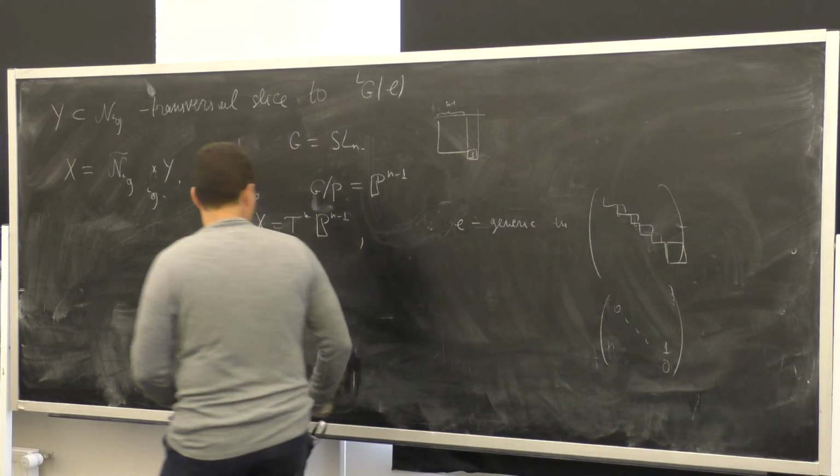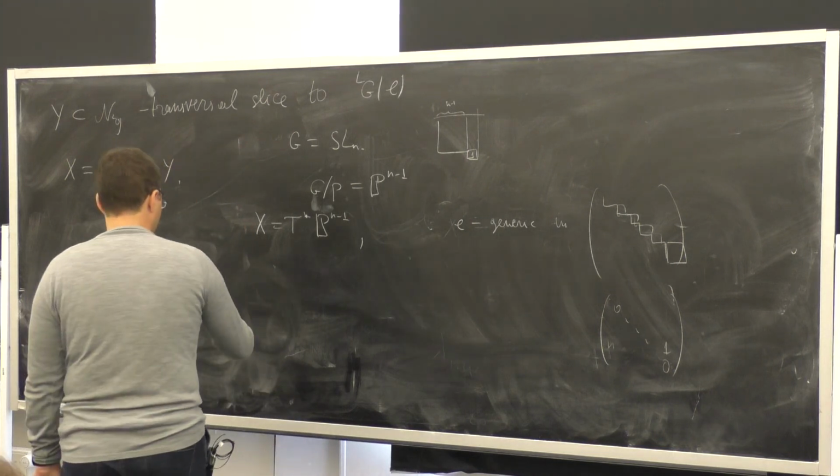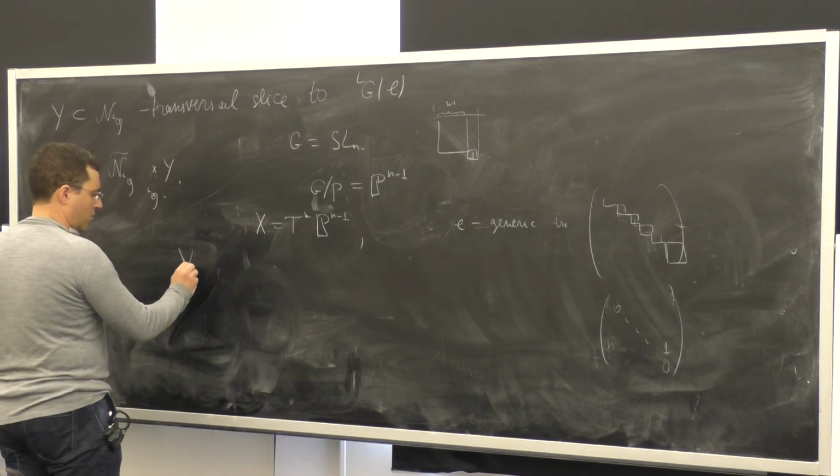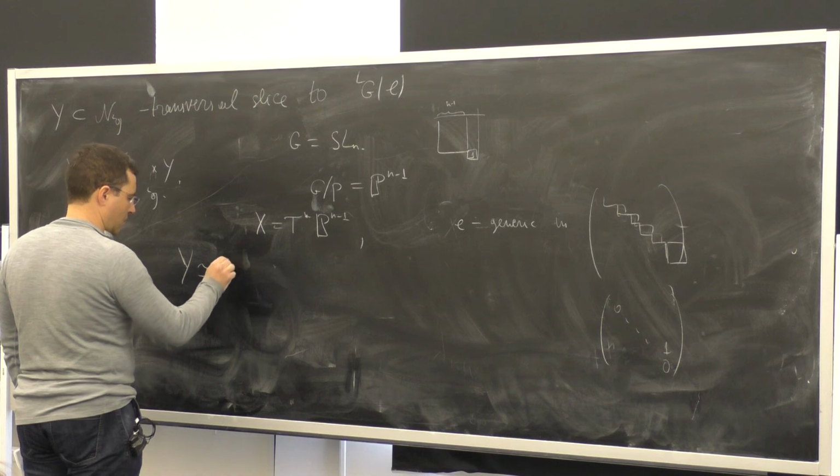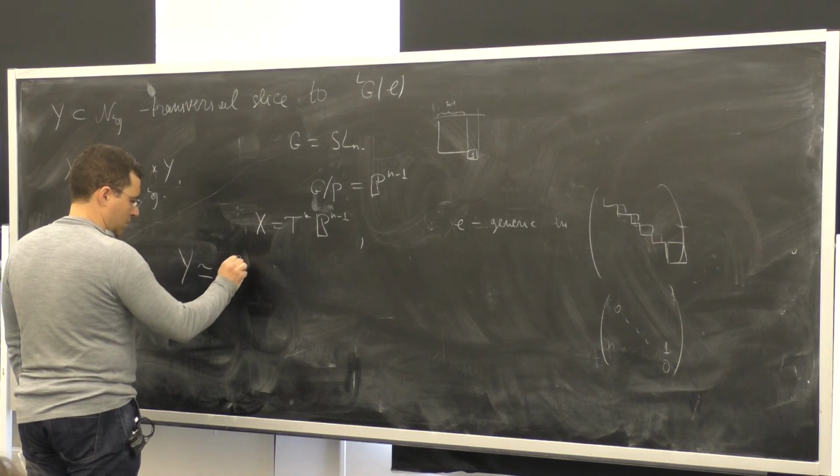And so this is the subregular nilpotent, and in this case there is a standard point that Y is this Kleinian singularity.